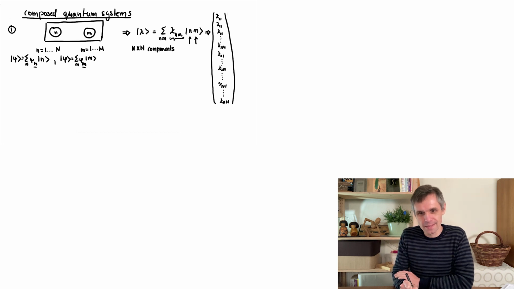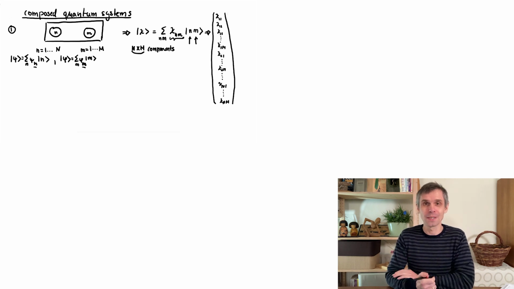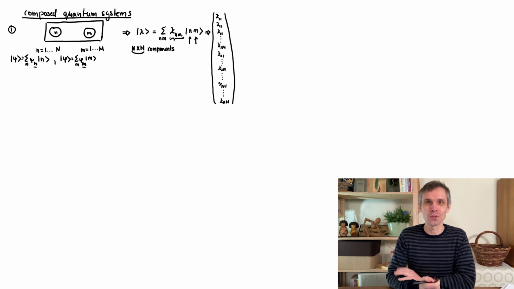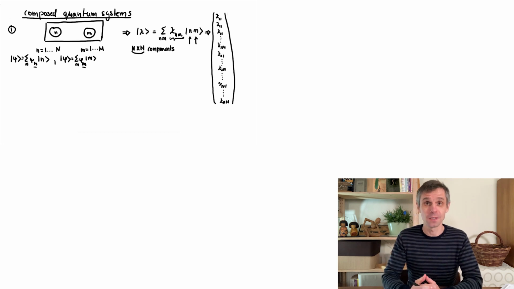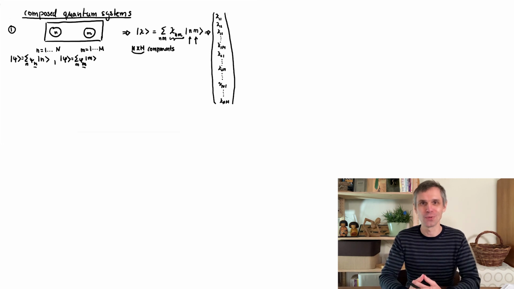And this fact that the number of components increases so drastically is indeed the reason why quantum systems can be so complex. Just by composing a few systems with a few states, this is an exponential increase in complexity of these systems, but this is one of the features that we want to exploit exactly in this course, so that we can store a lot of information into just a few quantum systems.